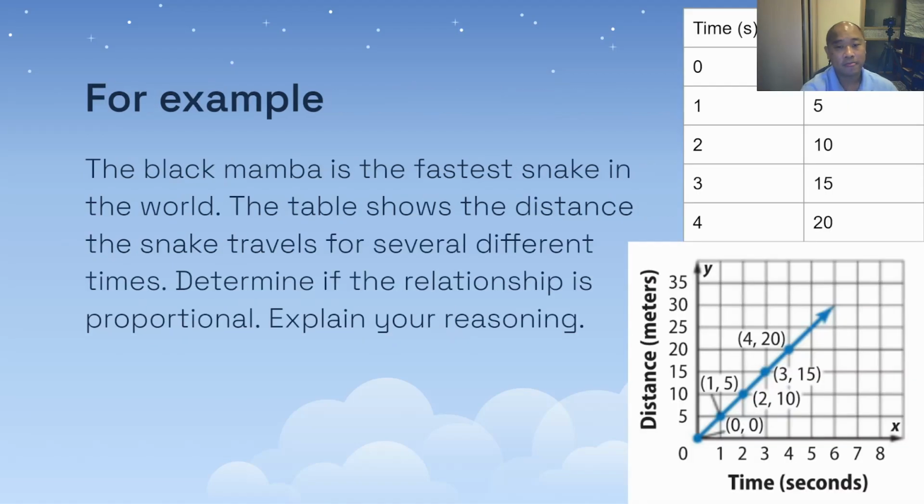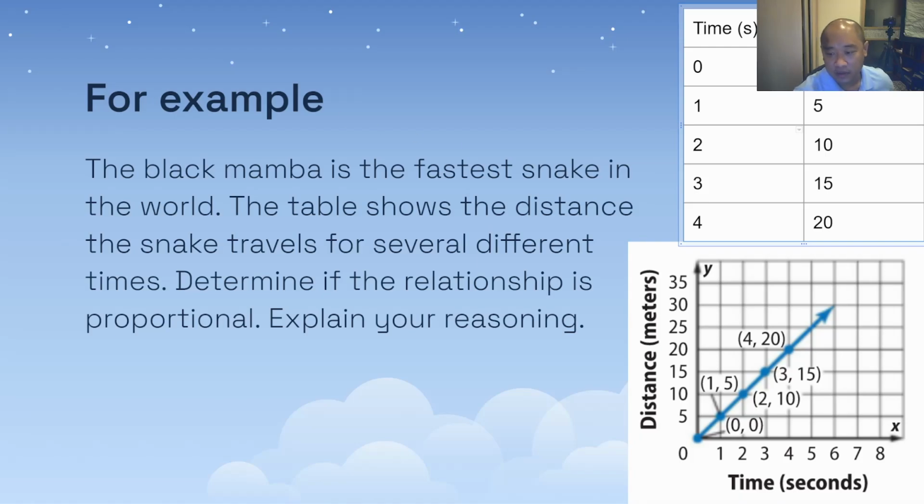Let's take a look. The black mamba is the fastest snake in the world. The table shows the distance that snake travels for different times. So at 0 seconds, the snake has not traveled at all. After 1 second, it's traveled 5 meters. After 2 seconds, 10 meters, so on and so forth, right?